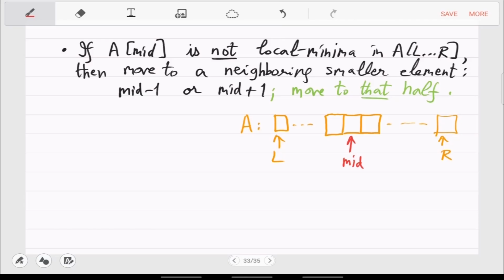And these are mid - 1 and mid + 1. And suppose the smaller one is here, the smallest of the three.